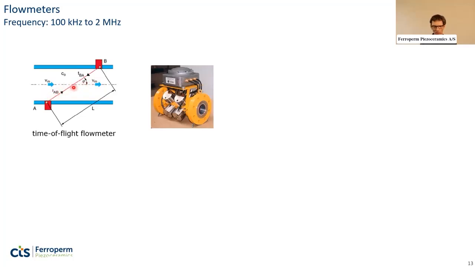But once you can detect a difference in transmission time, you know that the liquid is moving, and from the difference between the 2 time values, you can actually deduce the velocity of flow. So you really get a flow measurement with this relatively simple measurement. Of course, you need to take into account also the angle of transmission relative to the direction of flow.